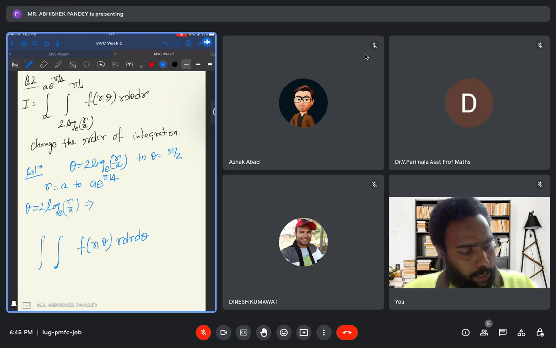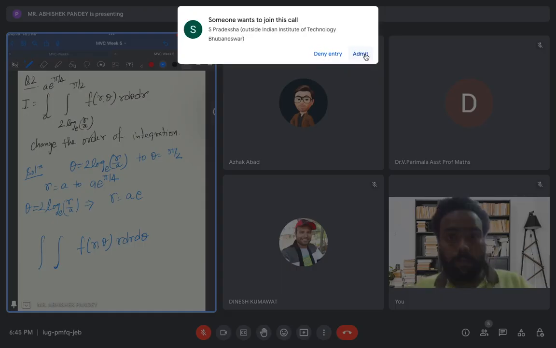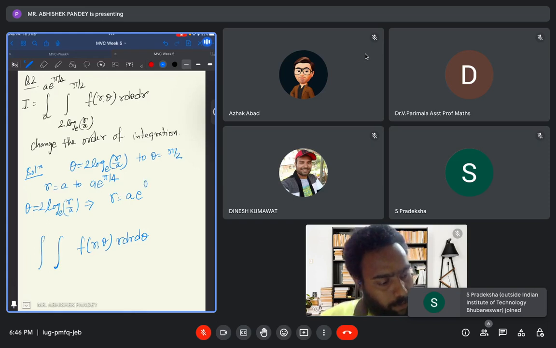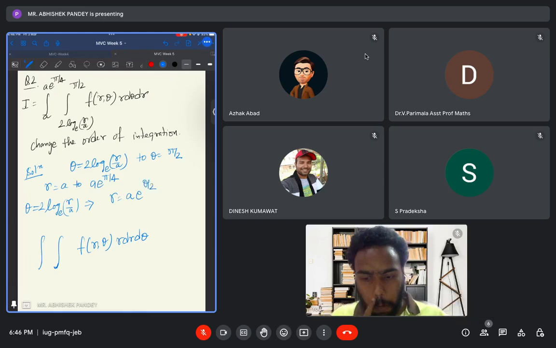So this will imply r equals a e to the power theta by 2. Is it correct? Yes, sir.